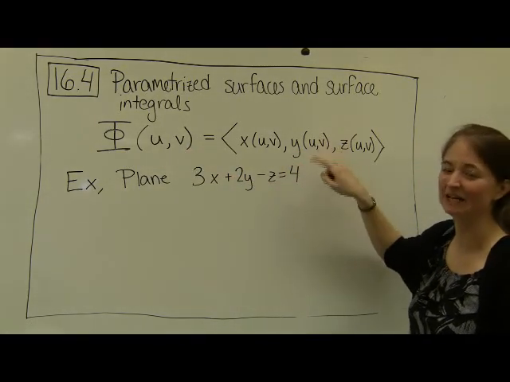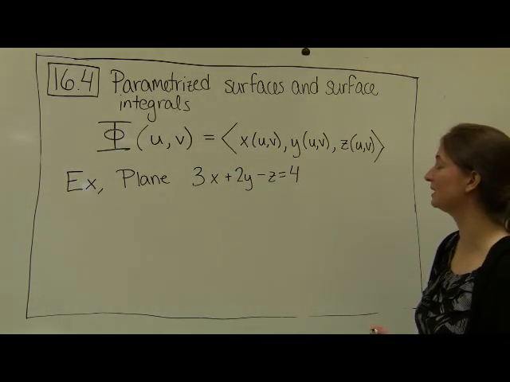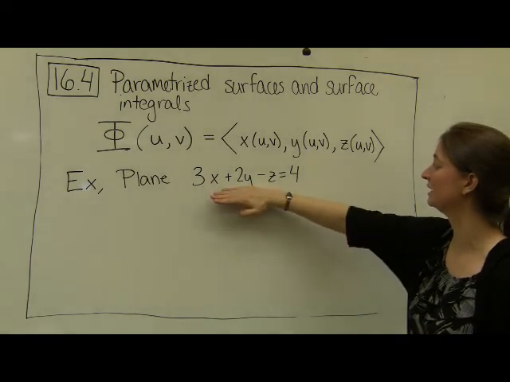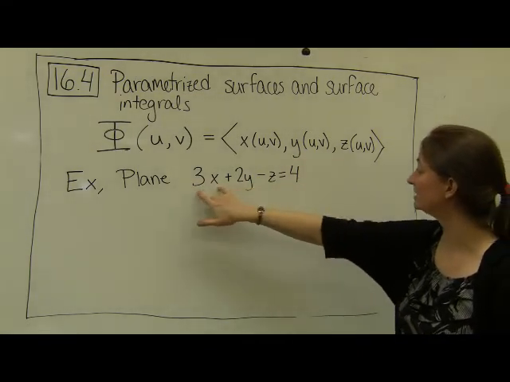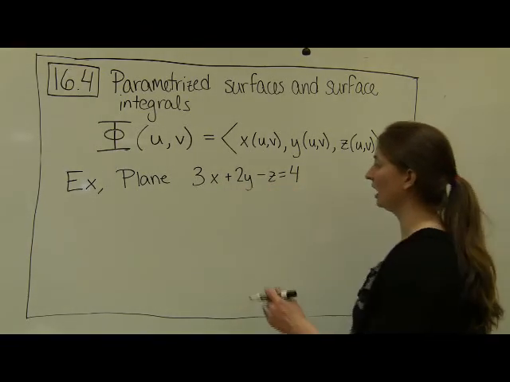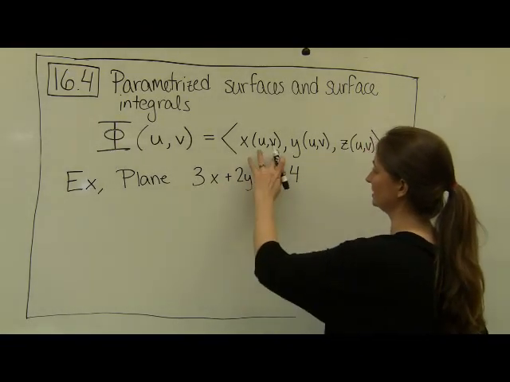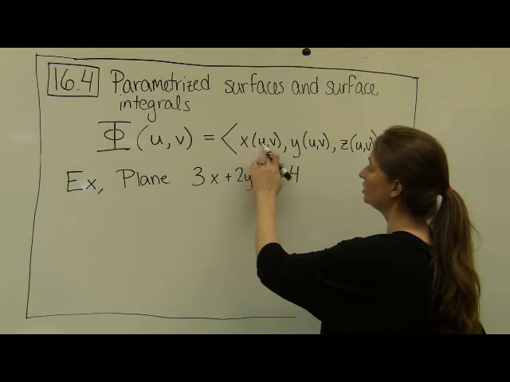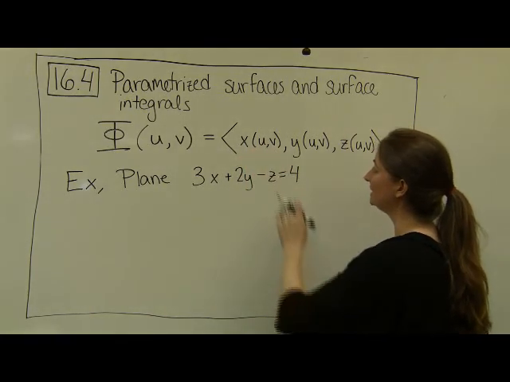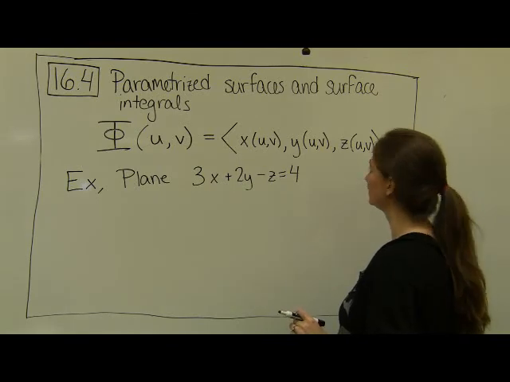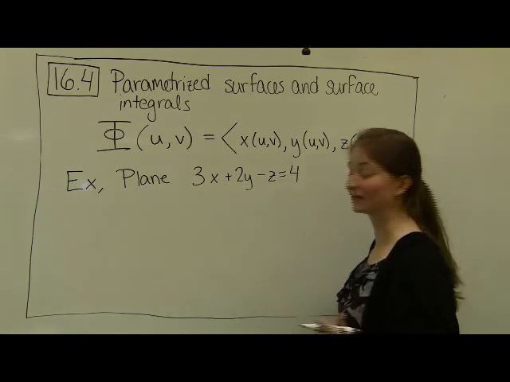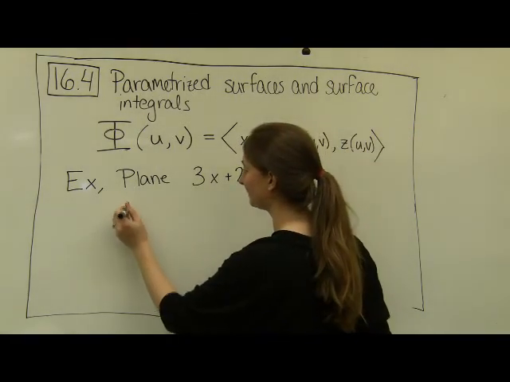Why? It's sort of for the sake of illustration, because planes we already know how to work with like this, and there are other shapes that we don't know how to work with as easily. So considering this plane, how would I be able to parameterize this? I need to come up with a u and a v variable and I need to be able to represent each of the components with u and v variables. I'll show you my trick. This is a magic trick.